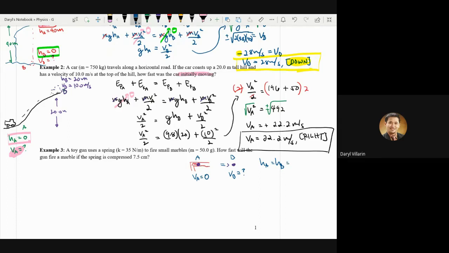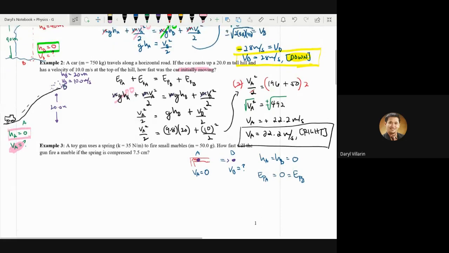There's no vertical distance, so that would be zero. The gravitational potential at A is equal to zero, as well as the potential energy at B. Set that to zero, because again, there's no change in height.